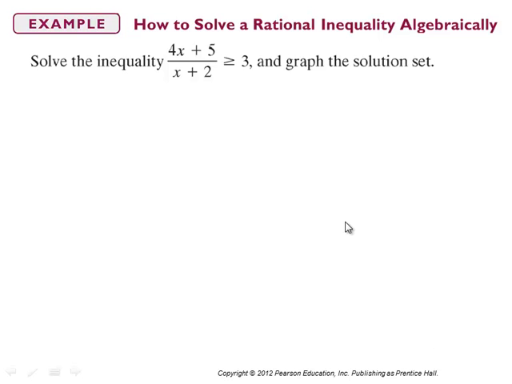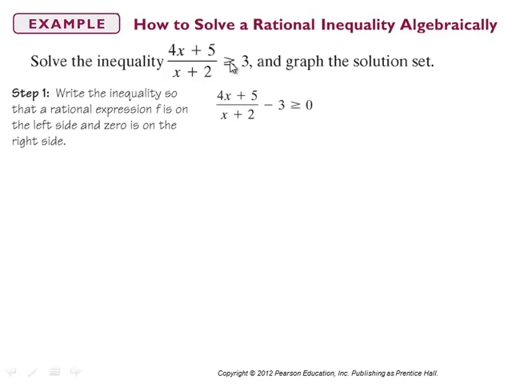Let's go ahead and solve this inequality. We don't necessarily have to graph this. We could just solve it algebraically just by moving the 3 over to the left-hand side, and then combine like terms by getting the common denominator of x plus 2, like you see there.